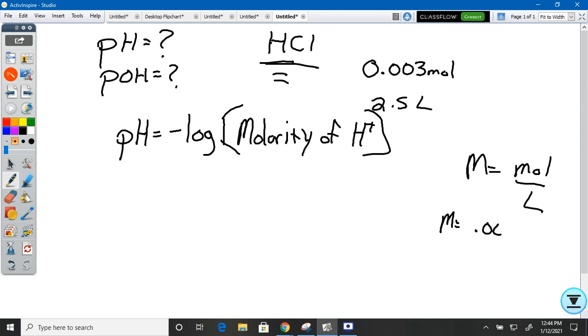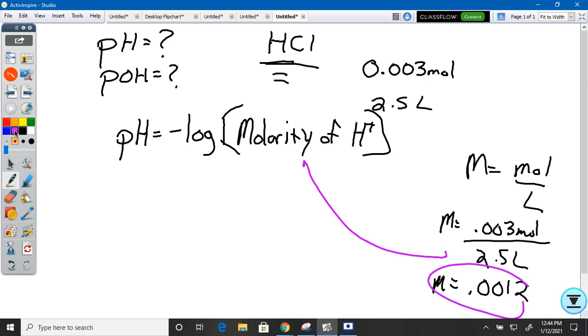Okay, so 0.003 moles divided by 2.5 liters will give you a molarity of 0.0012. Well, that's not the final answer. The molarity goes right there.